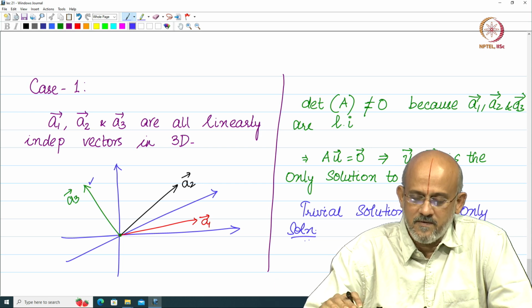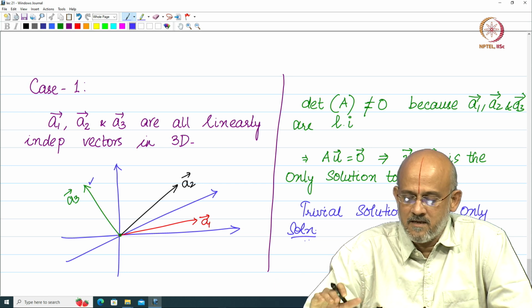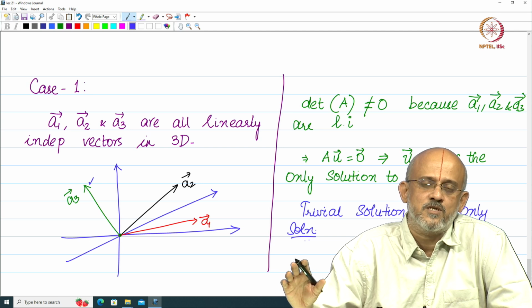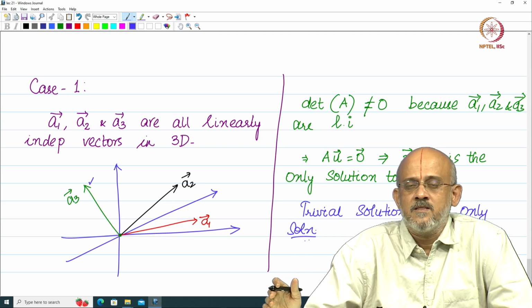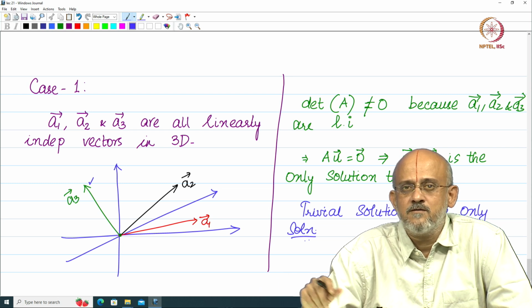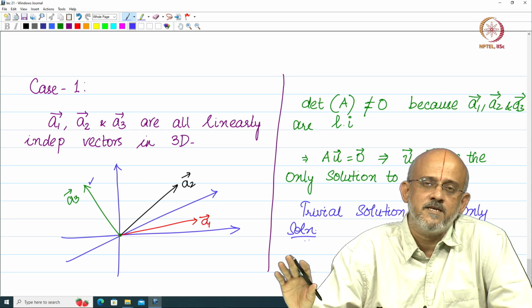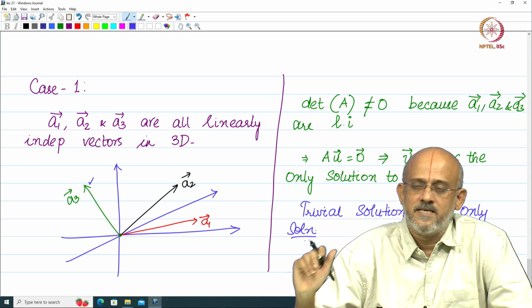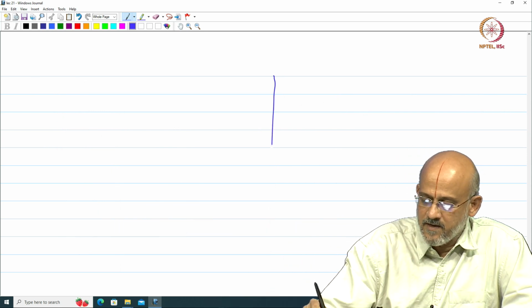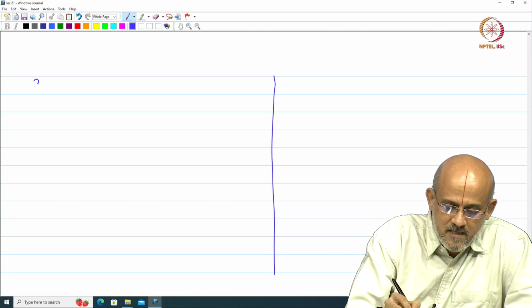So whenever we have 3 linearly independent vectors corresponding to the 3 rows of the matrix A, the only vector orthogonal to these 3 vectors is the 0 vector, and that is what we have seen here. Now, what are we going to do next? We are going to look at case 2.